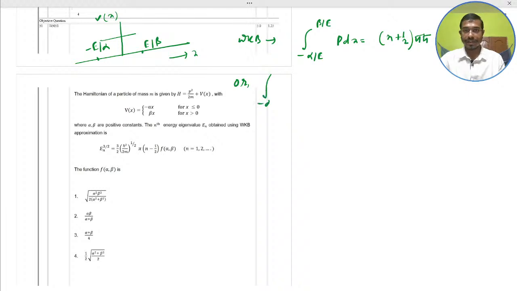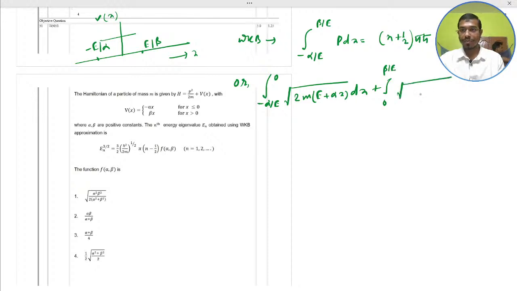Put this value: the integration from minus e by alpha to 0 of root over twice m into e plus alpha x dx, plus 0 to e by beta of root over twice m into e minus beta x dx, is equal to n plus half pi h cross.